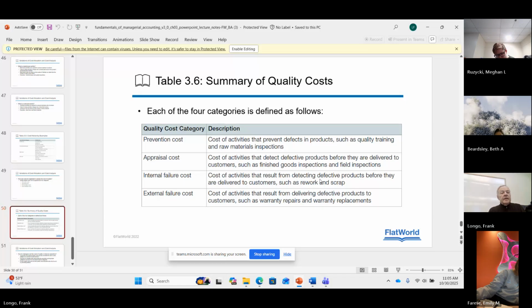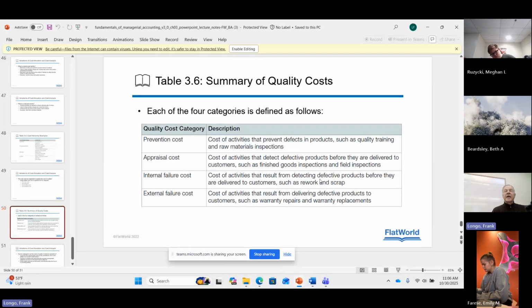There's another cost of quality category, external failure cost. It's the cost of an activity that results from delivering defective products to customers. So if we deliver the defective product, there's a cost associated with making good on it. Staying with Frito-Lay, the cost would be, when the supermarket chain complains, replacing it for them.